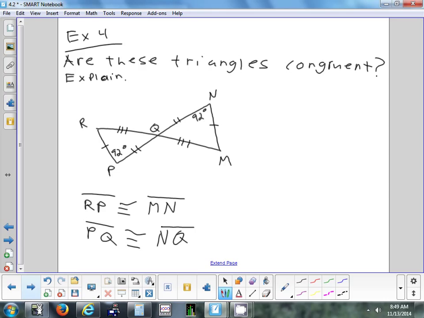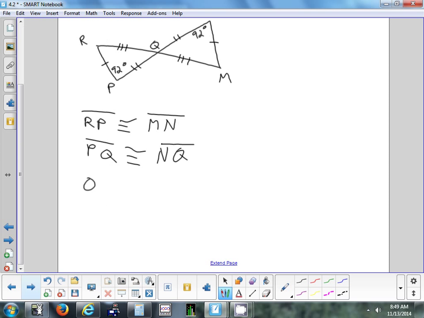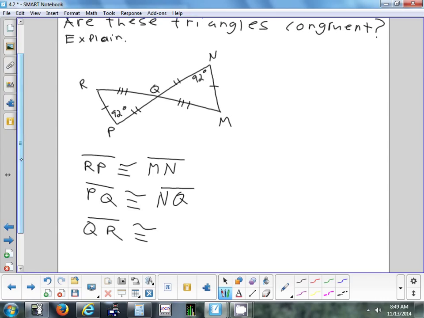Good. So we got two sides matching. We've got RP, we've got PQ, now we've got QR. Which segment would QR match up with? QM. So we've got all three sides matching up. That was given. All of this was given.